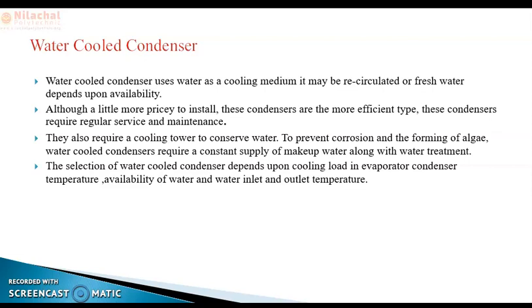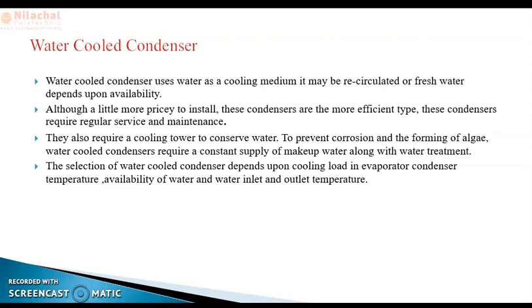But the water-cooled condenser requires regular service and maintenance. Also, to store the water, a cooling tower is required. And to prevent corrosion and the forming of algae, the water-cooled condenser requires a constant supply of makeup water along with water treatment.